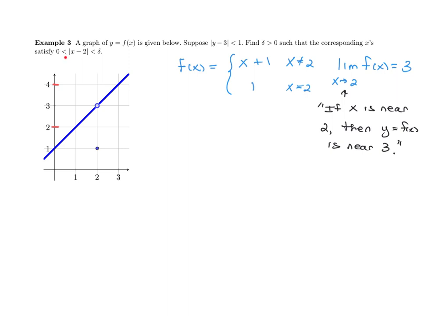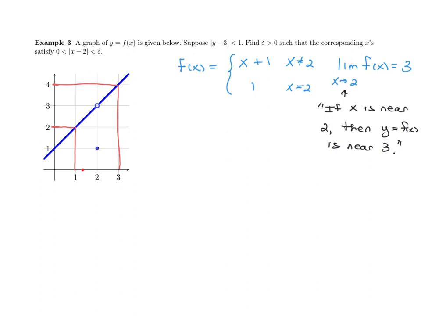The goal is to find some distance around this corresponding x value such that any x value you pick here will be mapped to a y value that's within 1 of the limit 3. A nice, easy visual way to find it is to do this. You take 4 over to the graph, bring it down to the corresponding x value, and do the same thing for 2.